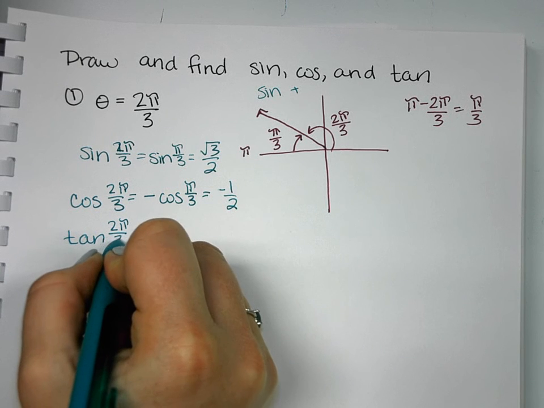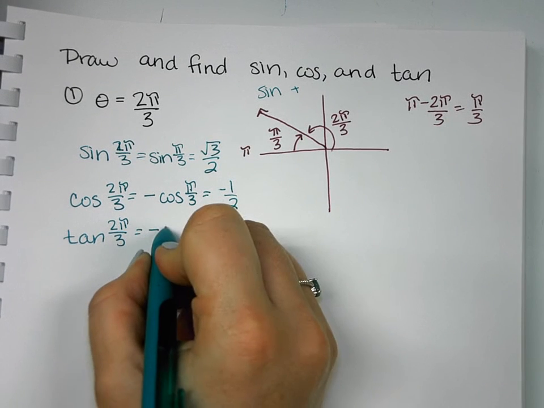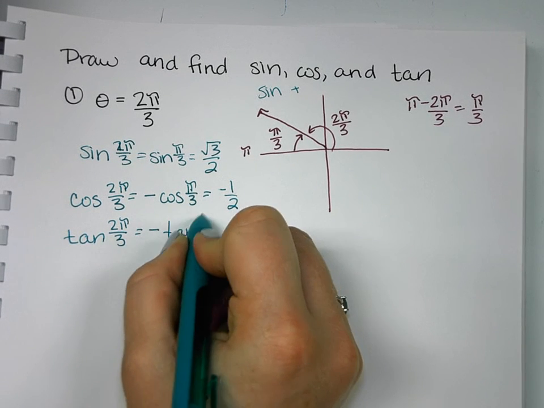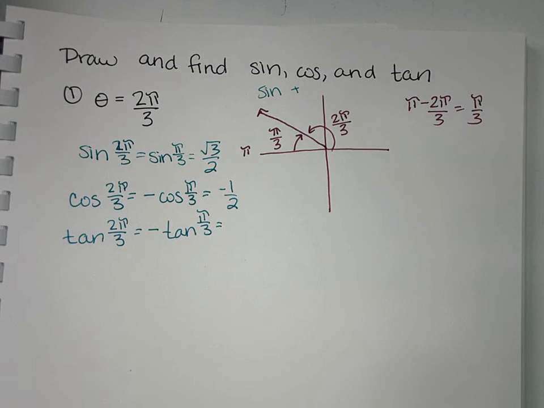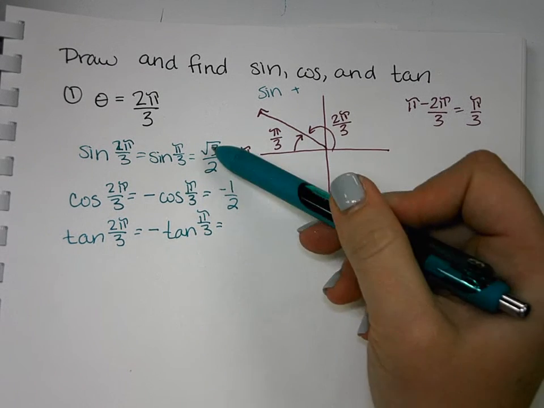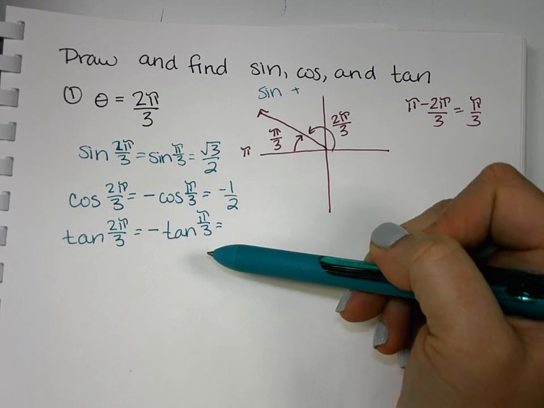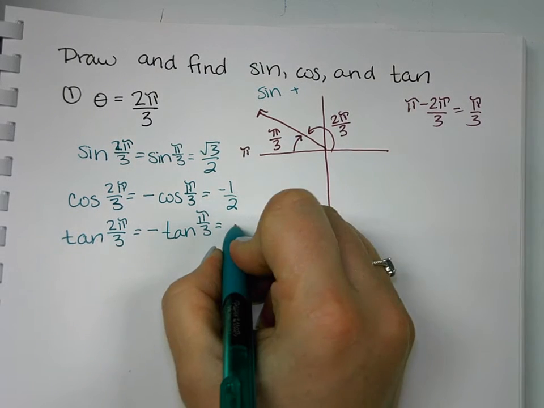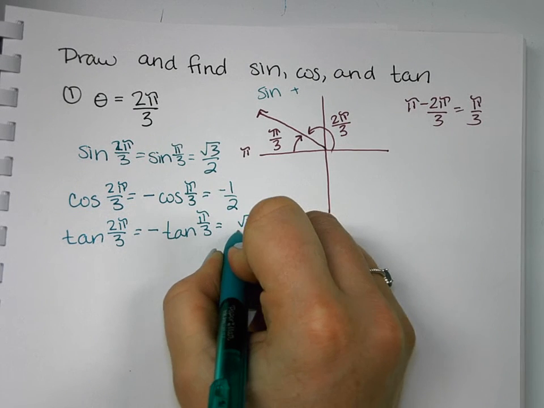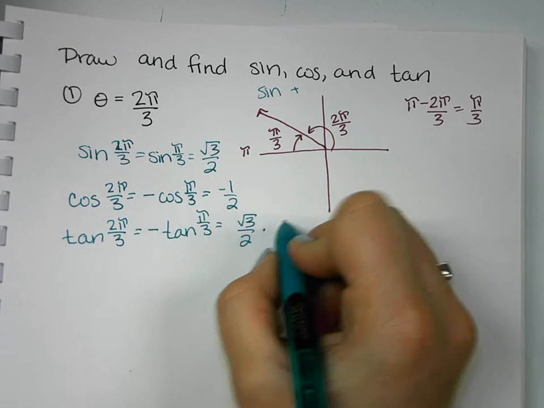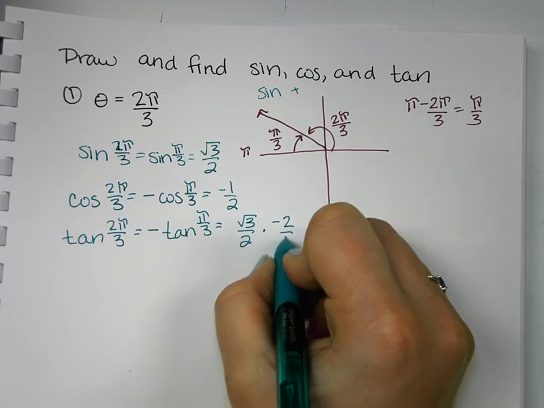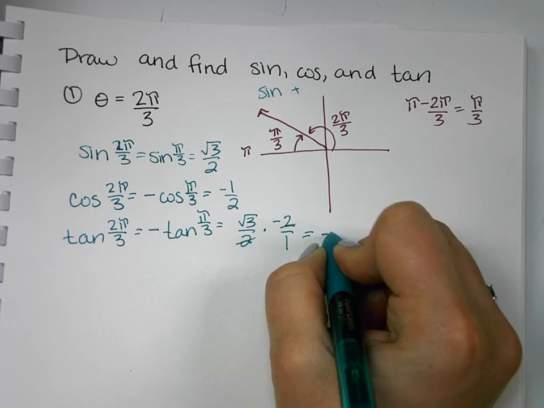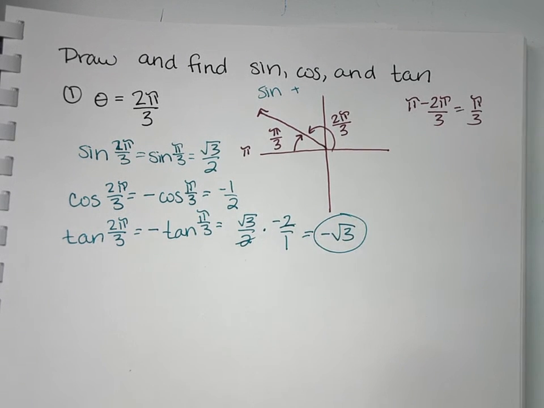Again, we're dealing with the negative version of tangent of pi over 3. So I'm going to think, okay, what's tangent of pi over 3? Or if you want, you can even use your cosine and sine values here to use sine divided by cosine. So sine is root 3 over 2 times the reciprocal of cosine, because when we divide, it's the same as multiplying by the reciprocal. We get negative root 3, and there would be your tangent.